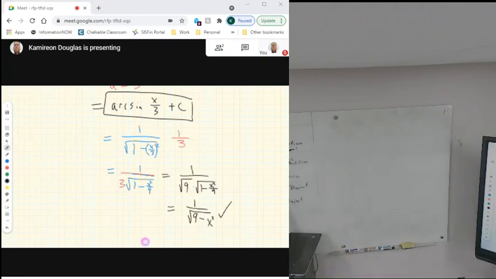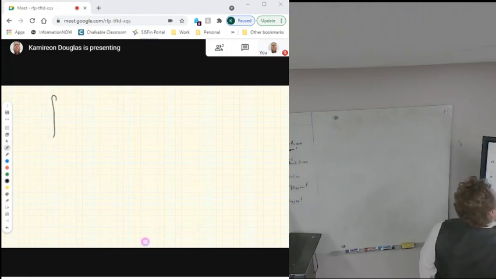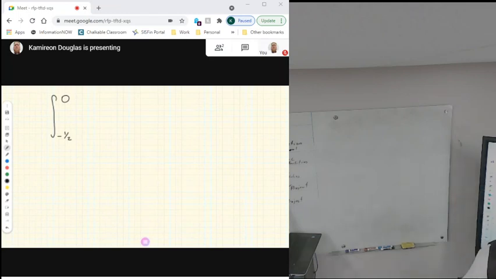It's the integral from negative half to 0 of x over square root of 1 minus x squared.